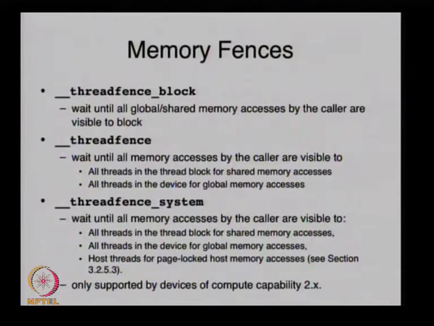But beyond that, you can do some things at the software level. And for memories, there are these fences that are provided. There is something called a thread fence for a block. It is essentially a weaker kind of barrier.